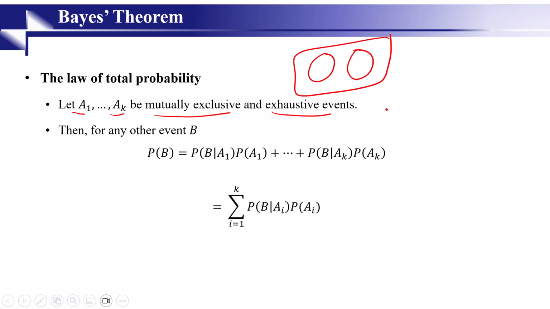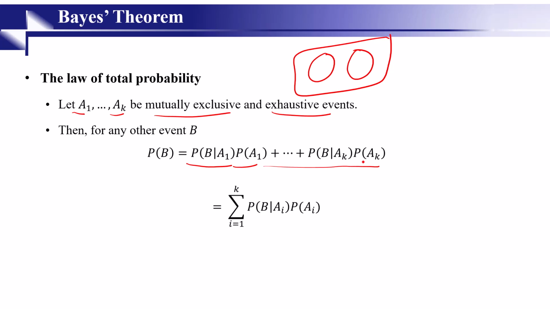Is equal to universal. So for any event B, its probability is the sum of probability of B given A times probability of A for all A1 to AK, right? It means probability of B given A1 multiplied by probability of A1, up to probability of B given AK multiplied by probability of AK.